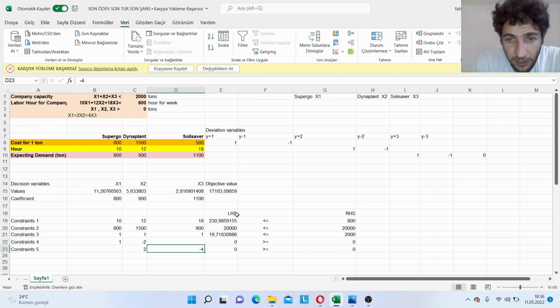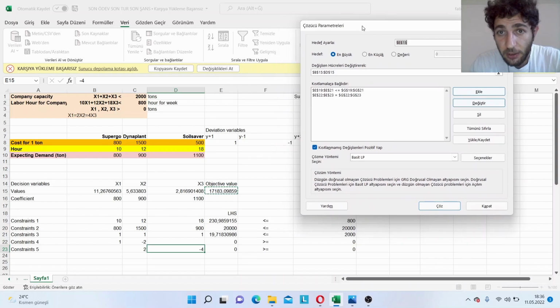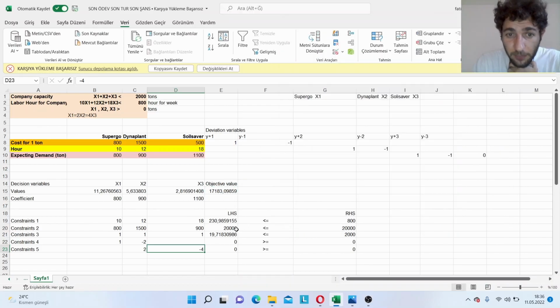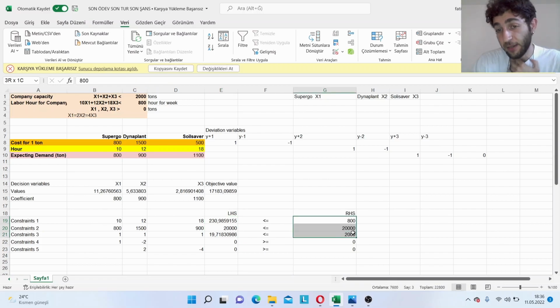You see the left hand side values and right hand side values. We need to select these tables in Excel. So click the solver and my functions are here. Our target cell is E15 and you see here we need to say left hand side values less than or equal to right hand side values.